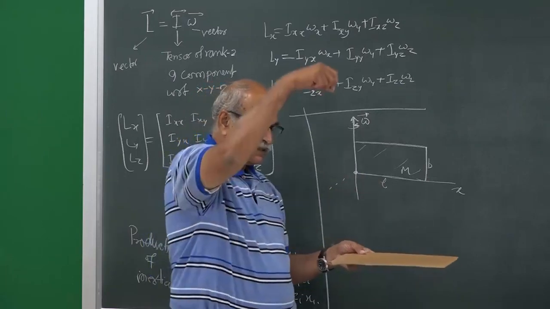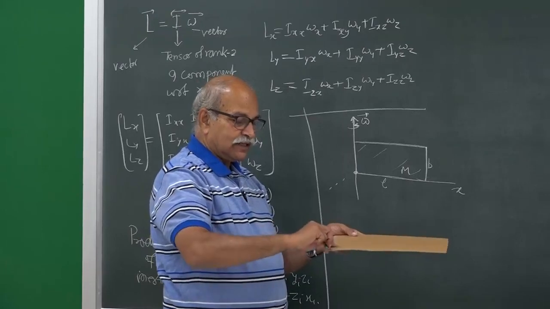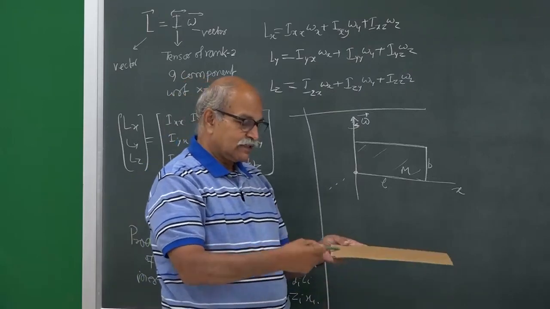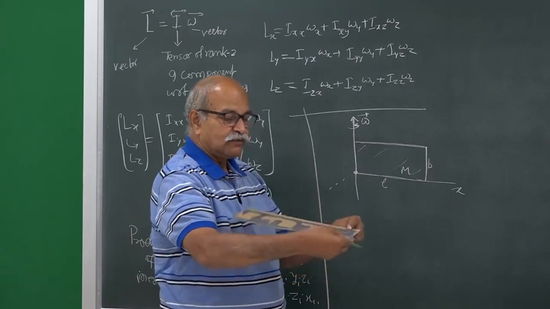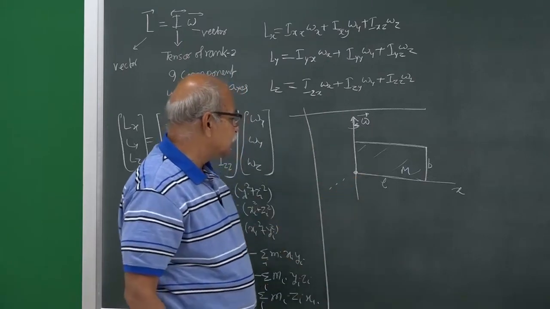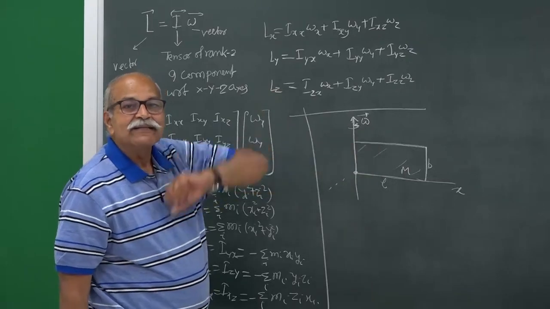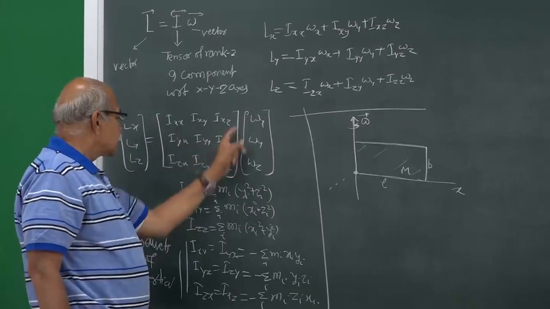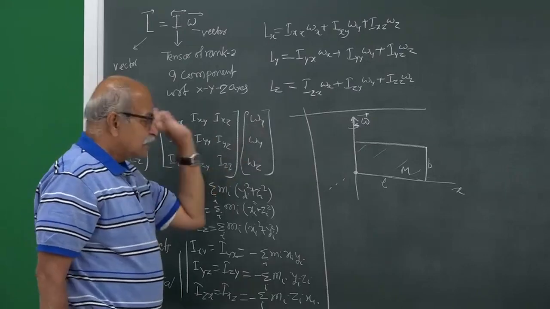This is the kind of thing, and it rotates about the y axis, that means it rotates like this, with a uniform angular velocity omega. What we need is the angular momentum of this rigid body, and for that I need the moment of inertia, these 9 components, and then omega we will write, L we will write, and we will calculate that.